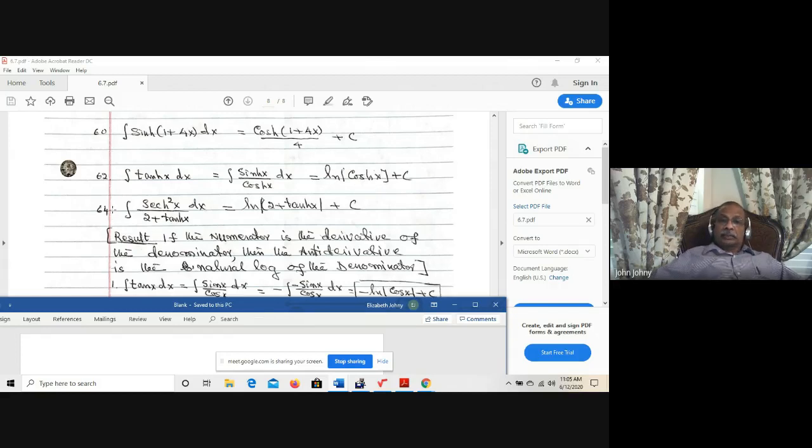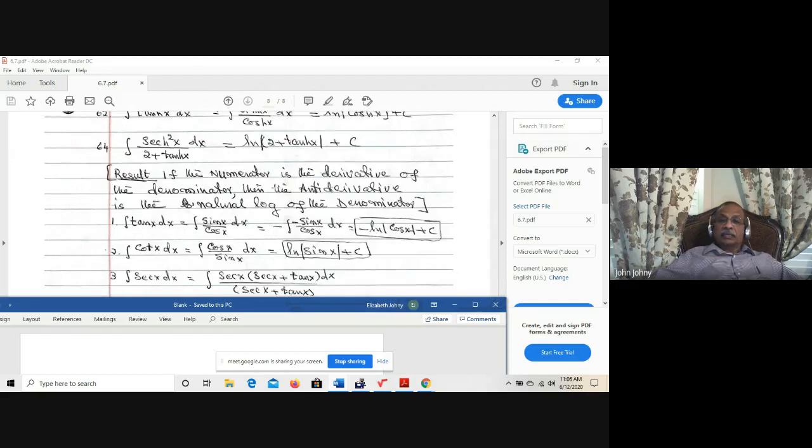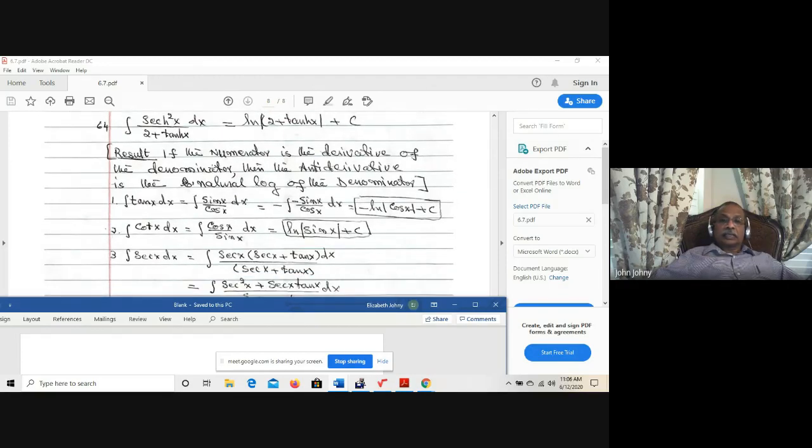And here again, the integral of sech squared x divided by 2 plus tanh x. Again, the numerator is the derivative of the denominator. So the answer is natural log of 2 plus tanh x plus c. If the numerator is the derivative of the denominator, then the antiderivative is the natural log of the denominator.